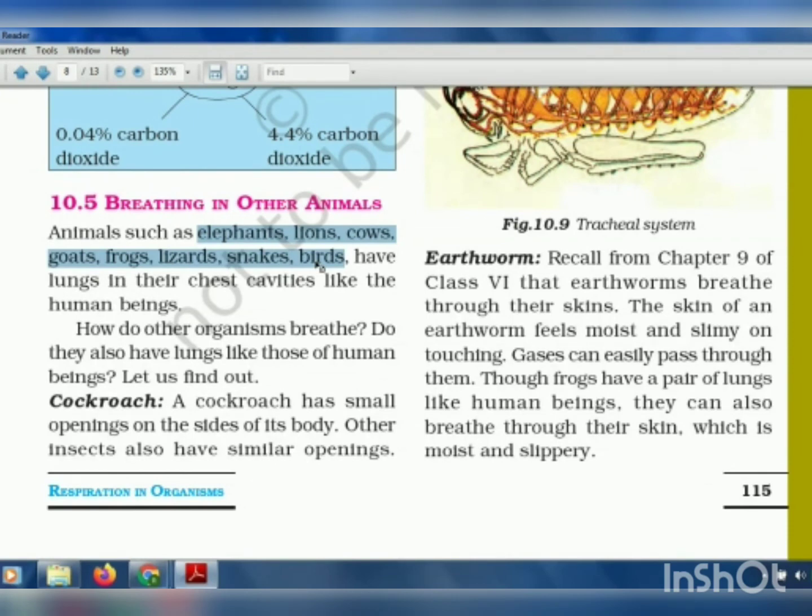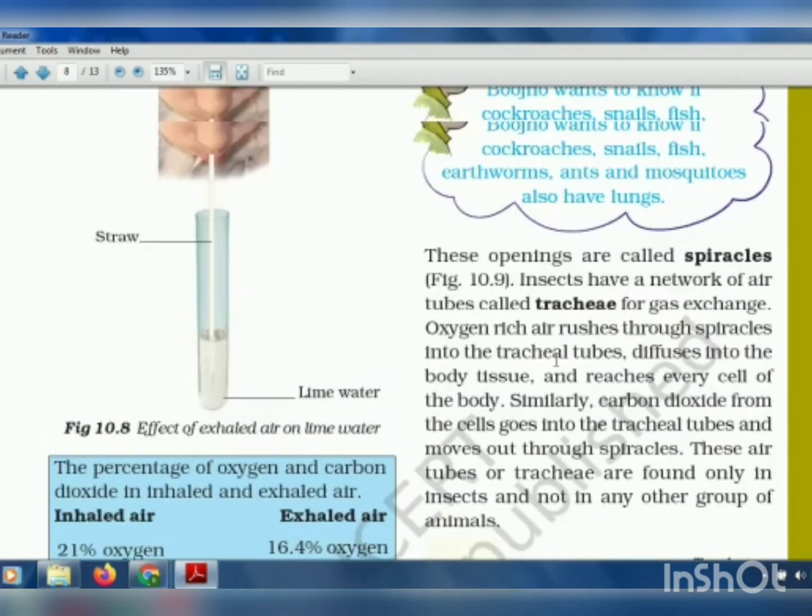But we will discuss here about two different insects. One is cockroach and the other is earthworm. Now how do they breathe? A cockroach has small openings on the side of its body. There are small holes, and through those holes air enters into their body. These small holes are called spiracles.